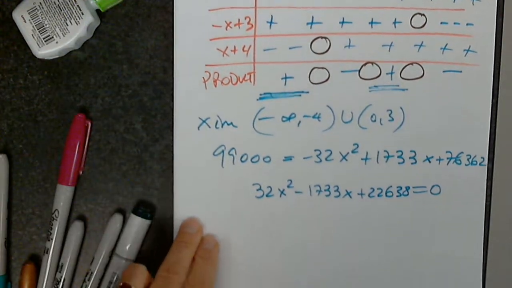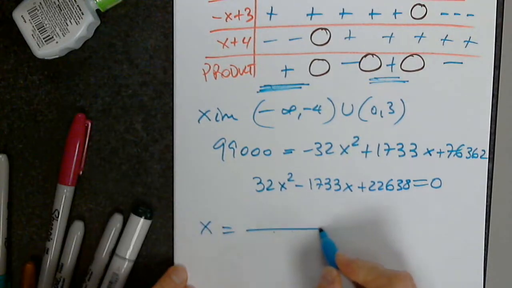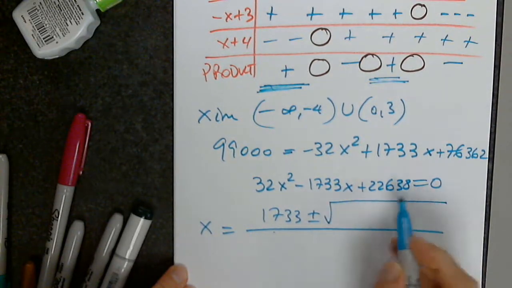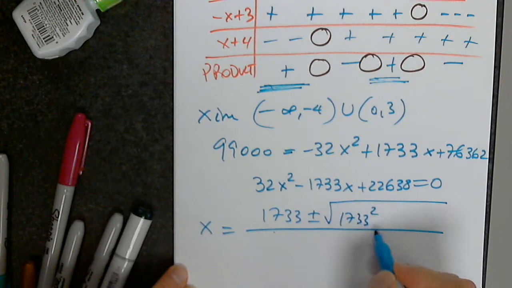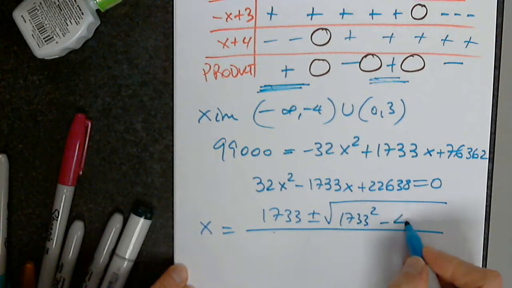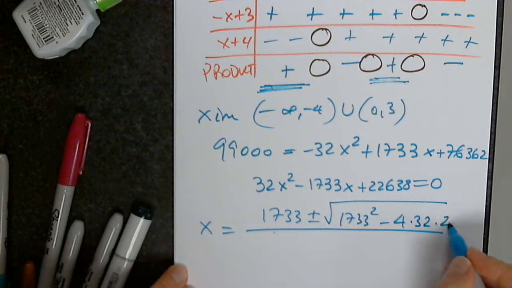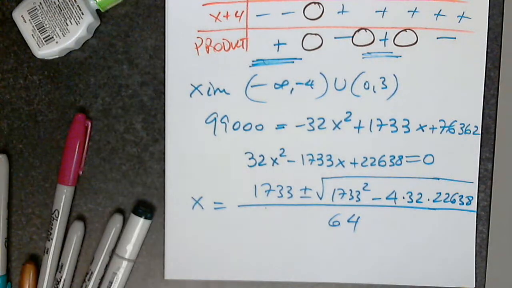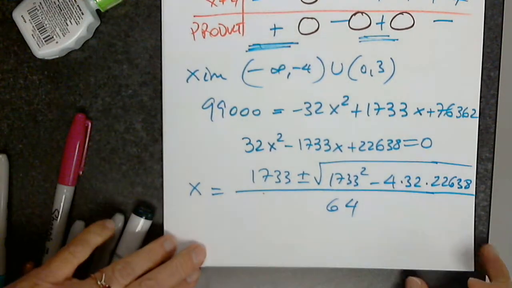I will use the quadratic formula: negative b plus or minus the square root of b squared minus 4ac over 2 times a. I will put this in the graphing calculator, and can anyone give us the solution so I don't have to put it in?